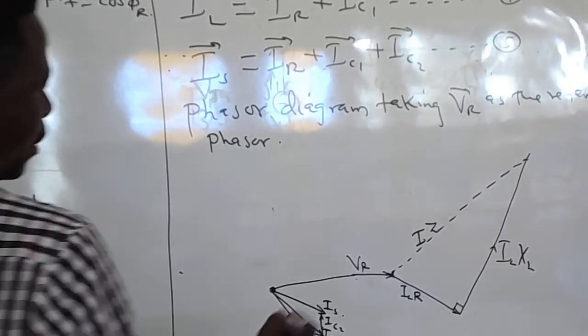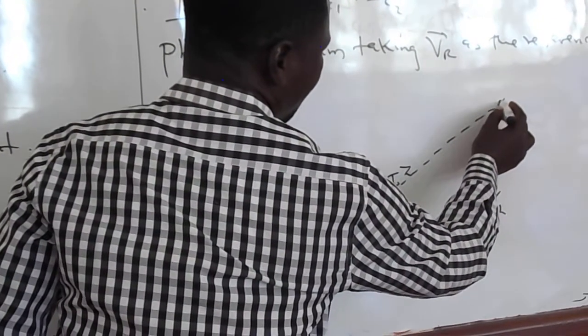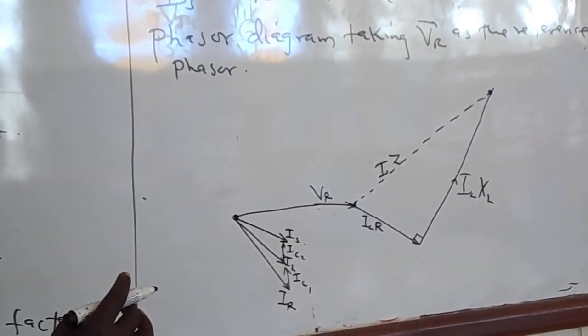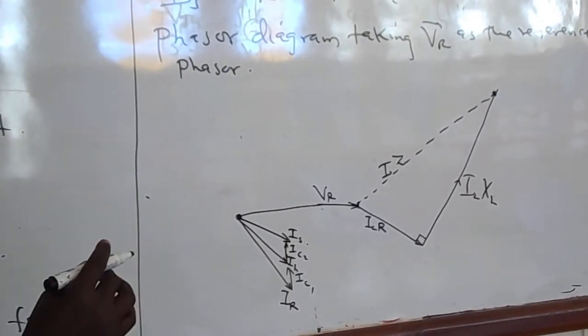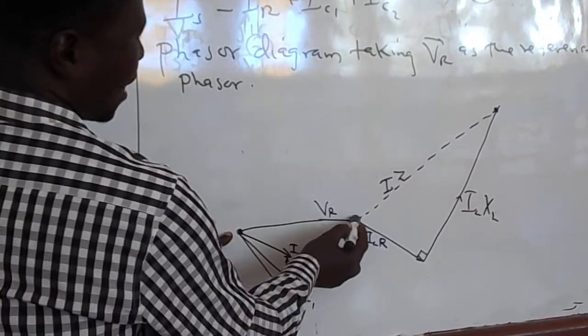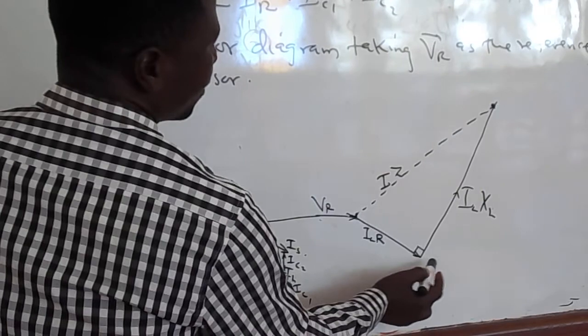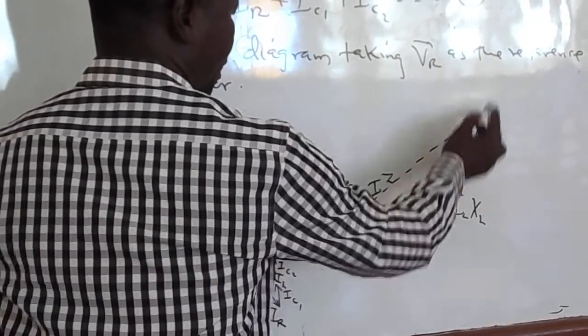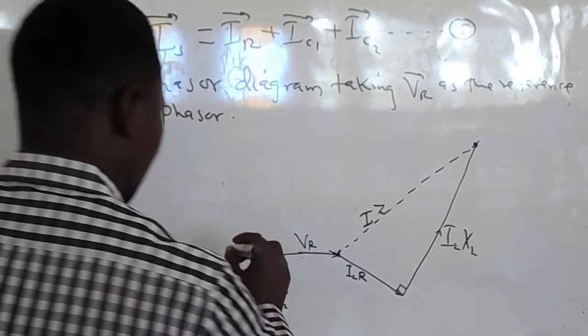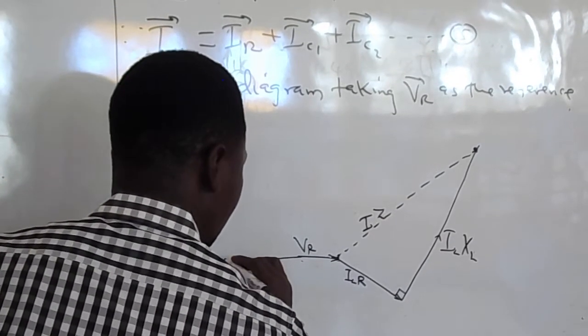Now, from the phasor diagram, you can see that Vs can be obtained, where Vs is the VR plus ILR plus ILXL, so that the vector for the sending end voltage is as follows.